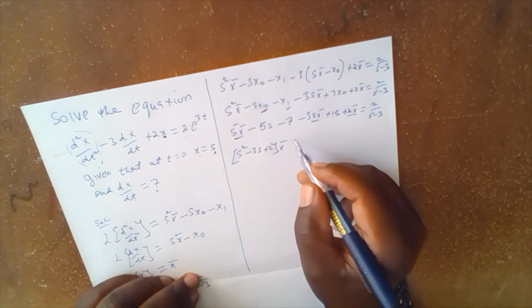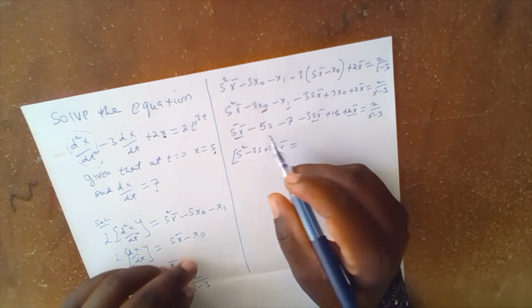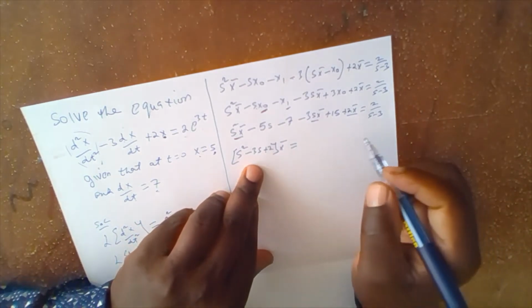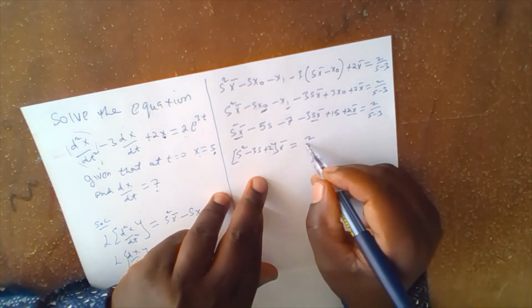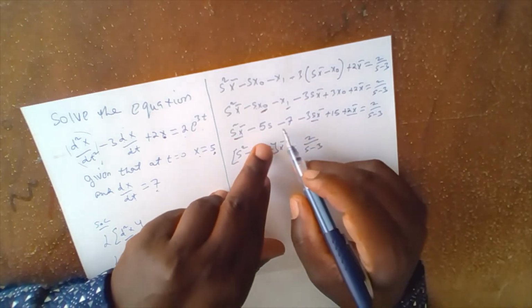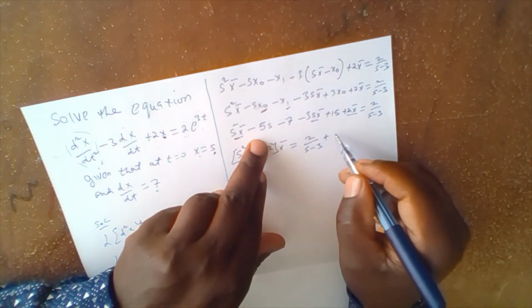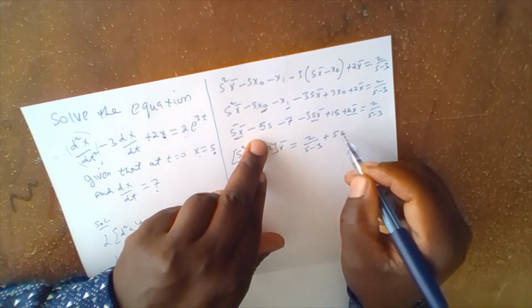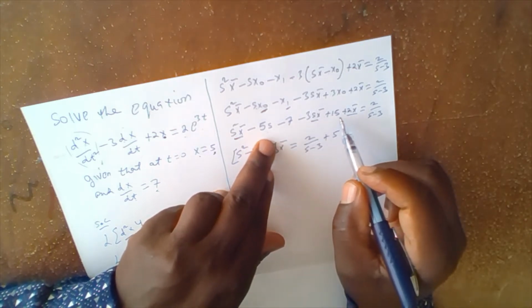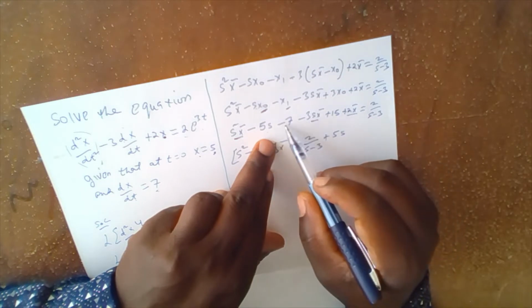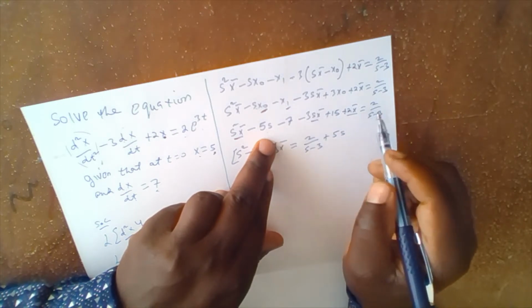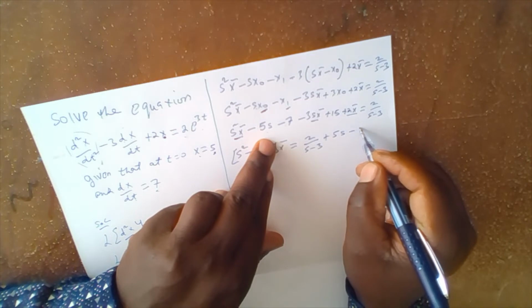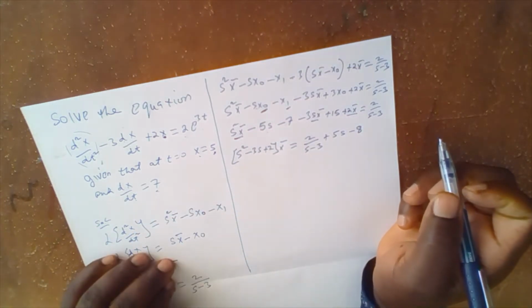All the remaining terms cross the equal sign, so we have 2 over s minus 3, plus 5s, then negative 7 plus 15 will remain as positive 8. When 8 crosses the equal sign, it will be minus 8.